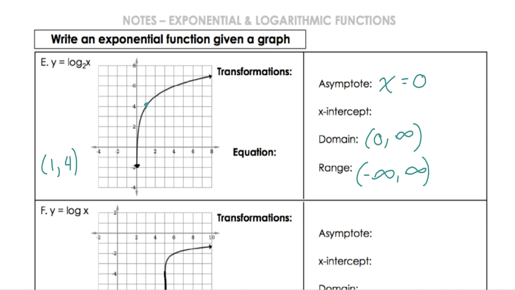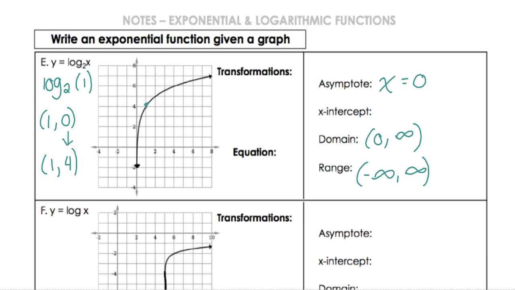That is going to be a key point to help me figure out what is going on here. What I know from this parent function is that if I plug in a 1 for x, because I know that point has an x value of 1, I should get out a 0 from my log. But what we know from the graph is that it's actually at 4.